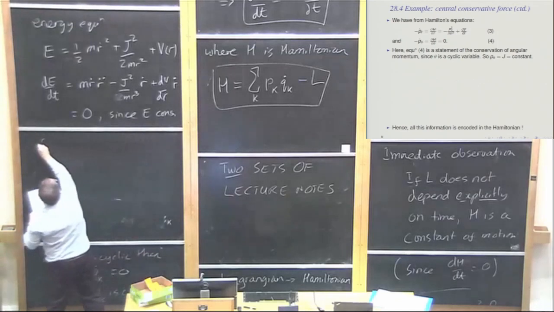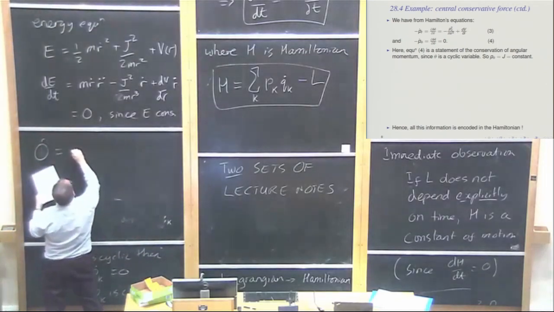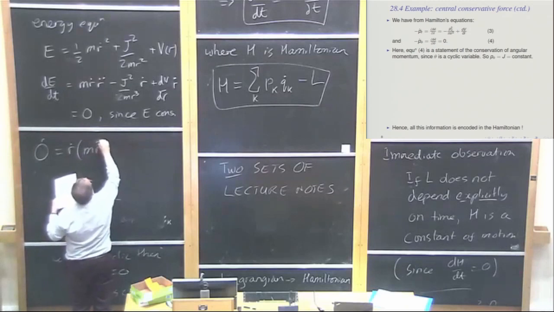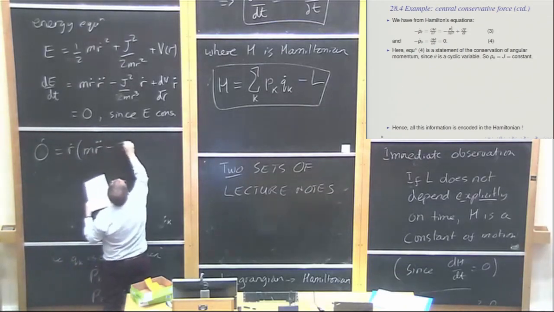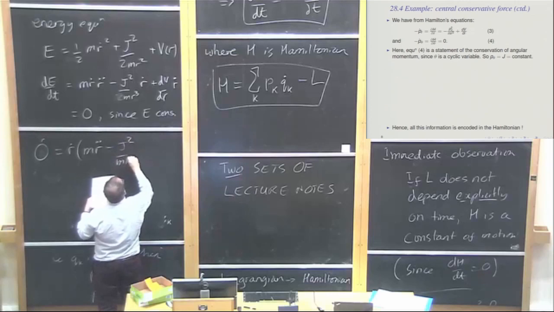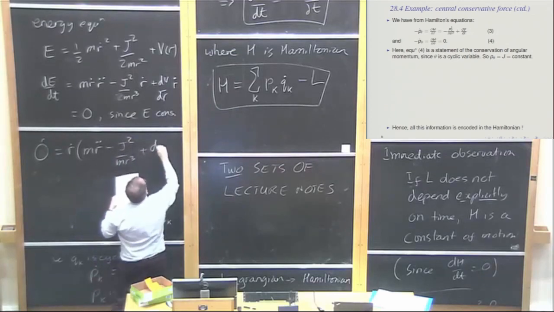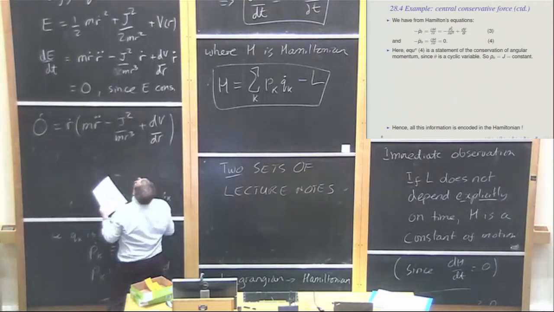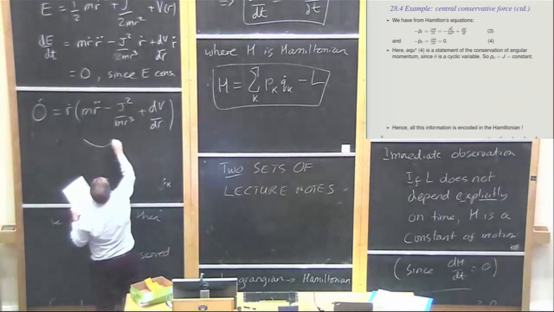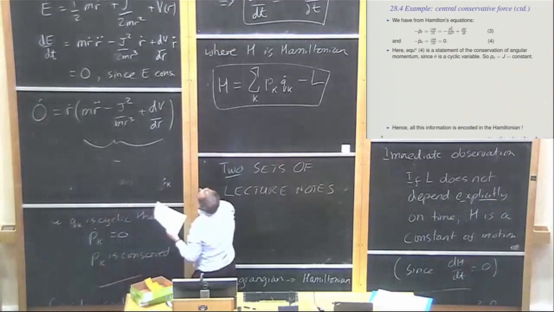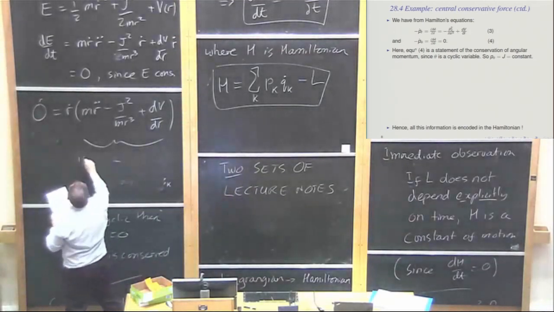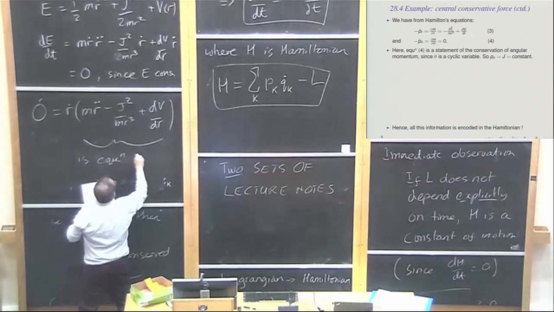So we have that 0 is, and if we take out r dot, we have m r double dot minus j squared over m r cubed plus dV by dr. Okay, and this is the same as equation 3.